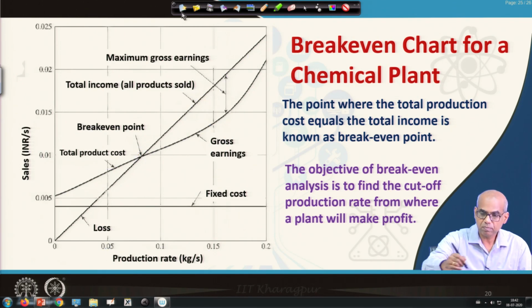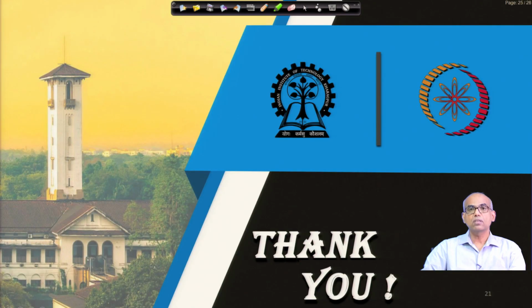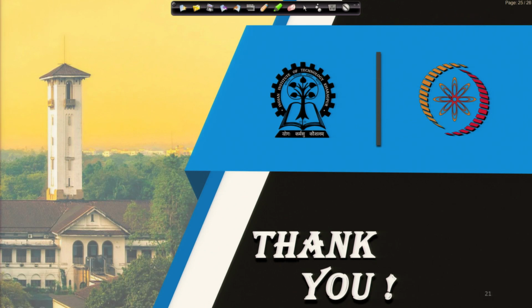So, this is the use of the break-even point. The point where the total production cost equals the total income is called break-even point, and this is the point beyond which, if you operate, you will start making profit. With this, we stop our discussion today.